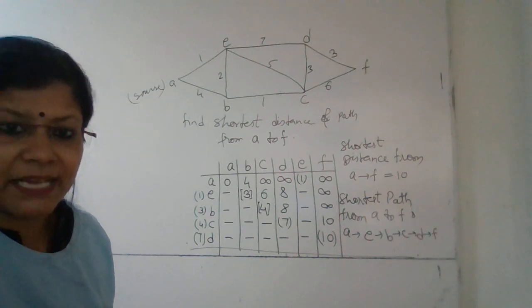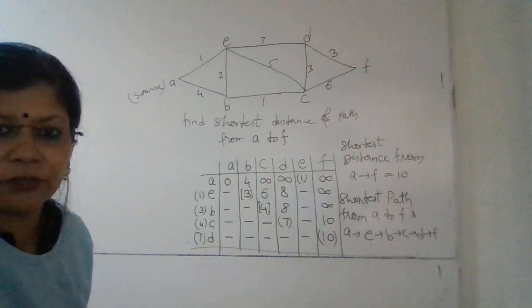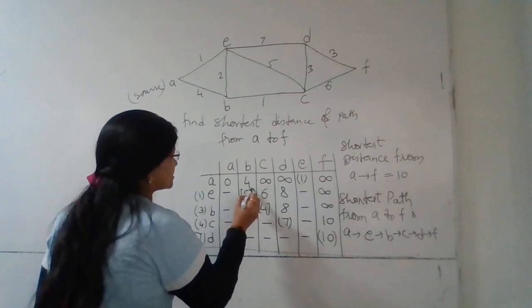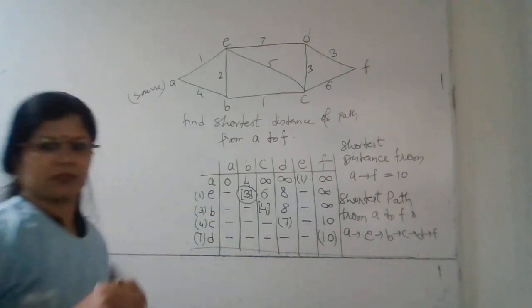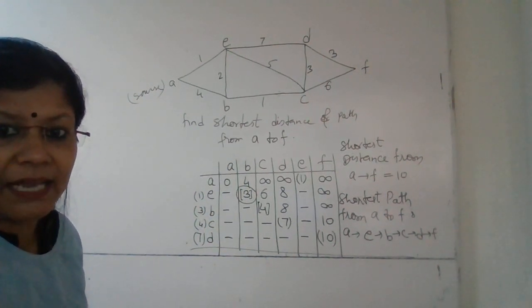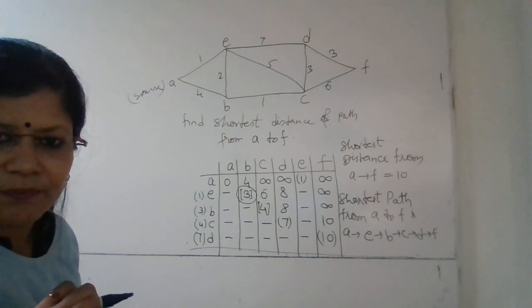For this, check the minimum value in this table. The minimum value of B is this. So the minimum distance from A to B is 3 and the path is A to E, E to B.